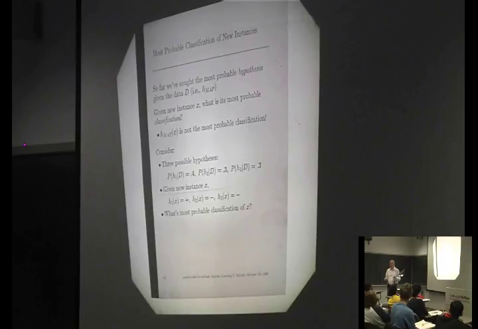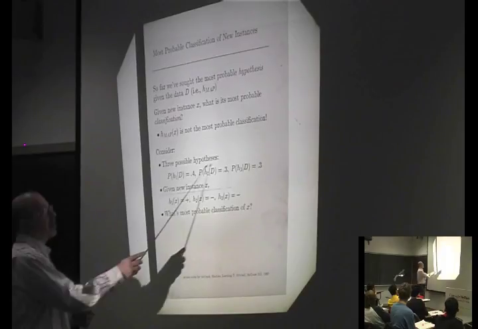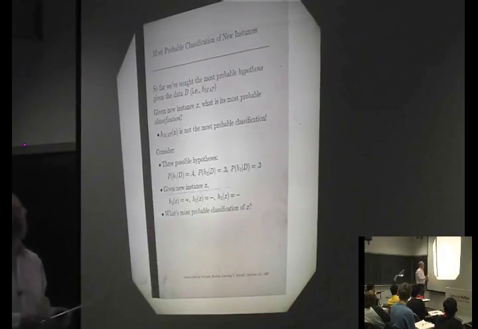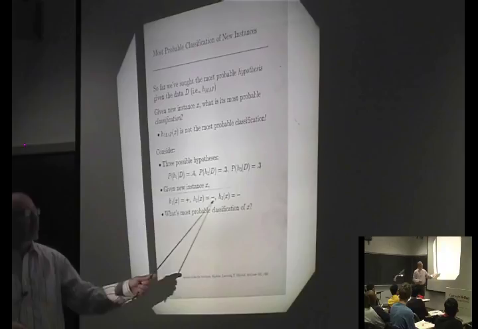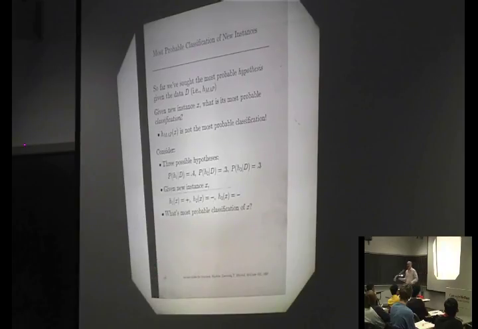Well, the answer is that even though if you had to choose one of these three, you'd choose H1, if you have to choose a classification, you're better off choosing the negative classification, the minus. Because both H2 and H3 agree on it, and combined they have a total posterior of 60%.